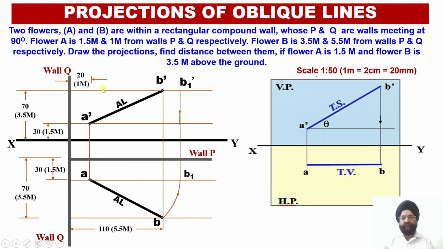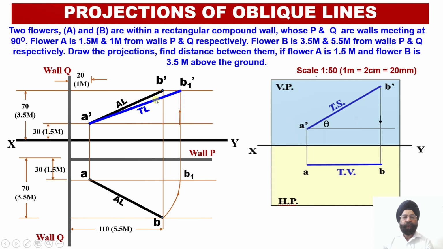So wherever this vertical projector, when extended, meets the horizontal projector line passing through the point B dash, we obtain the point B1 dash. Once we obtain B1 dash, we are going to join A dash with B1 dash. And we have drawn this line with blue color, indicating that this is the true length which we have been able to obtain.